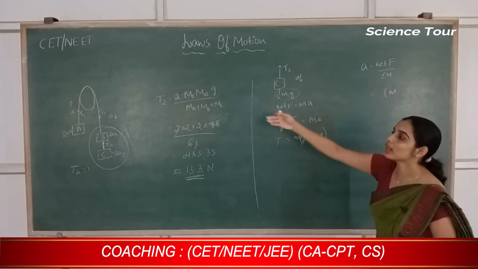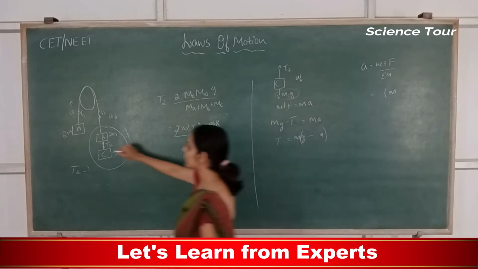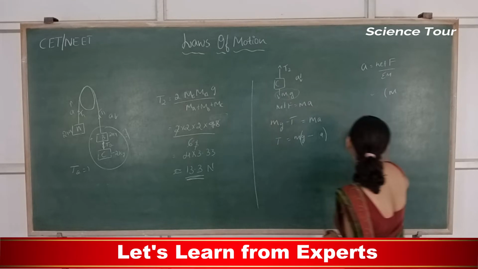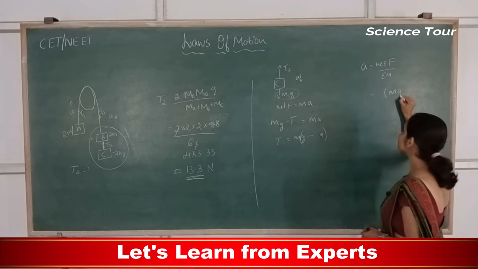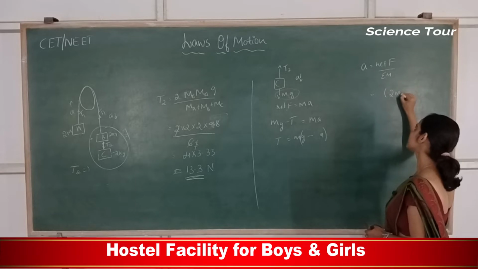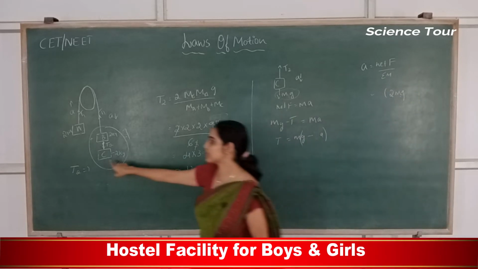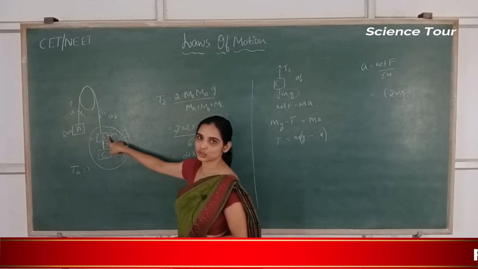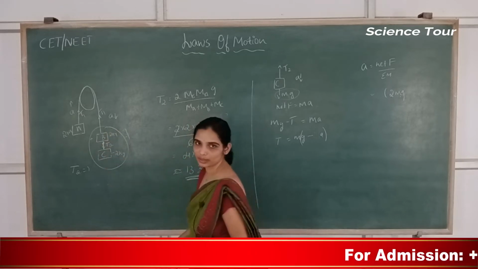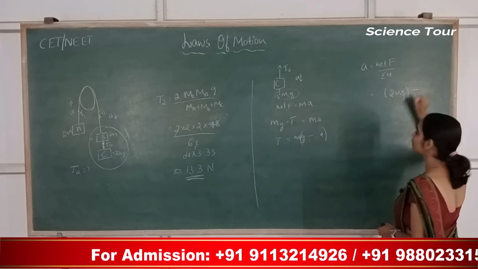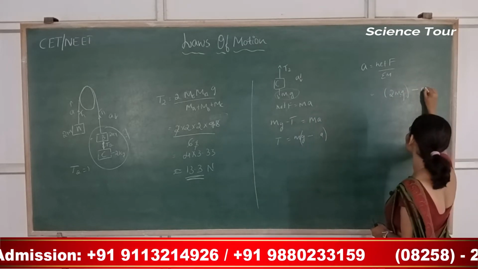Since all the masses are same, let me take all as M because all are 2 kg. So mg plus mg, which is nothing but 2 mg. Weight of C is mg, weight of B is mg, so 2 mg, minus weight of A which is mg.